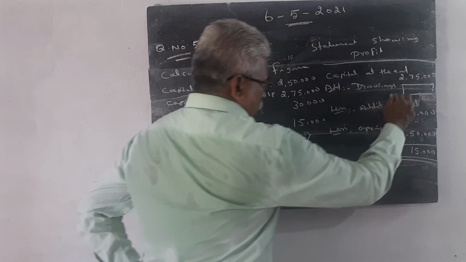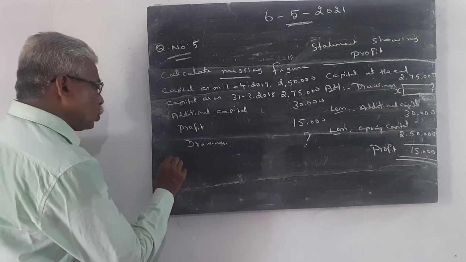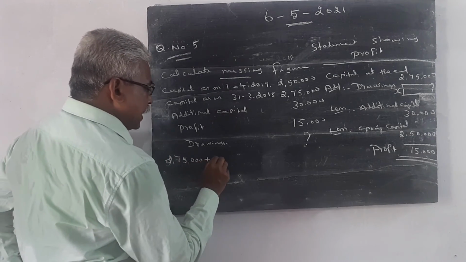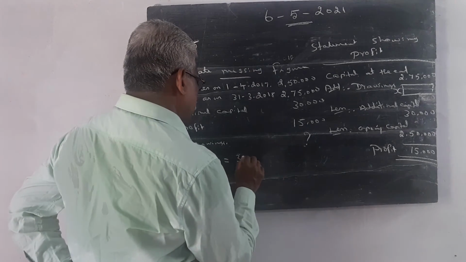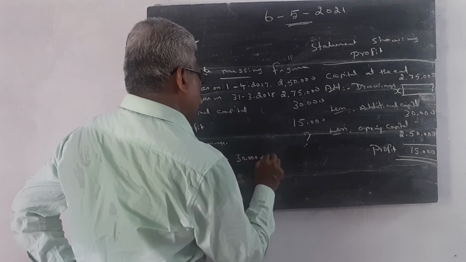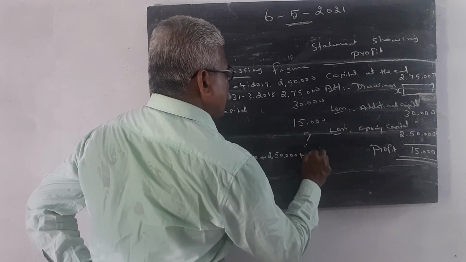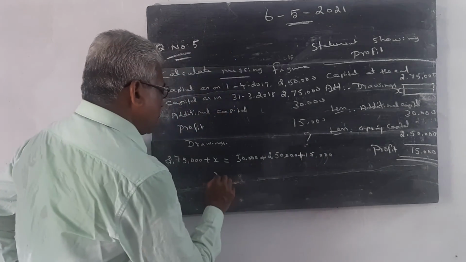Then here we write x. Calculate the value of x. 2,75,000 plus x is equal to 30,000 plus 2,50,000 plus 15,000. So calculate the value of x.